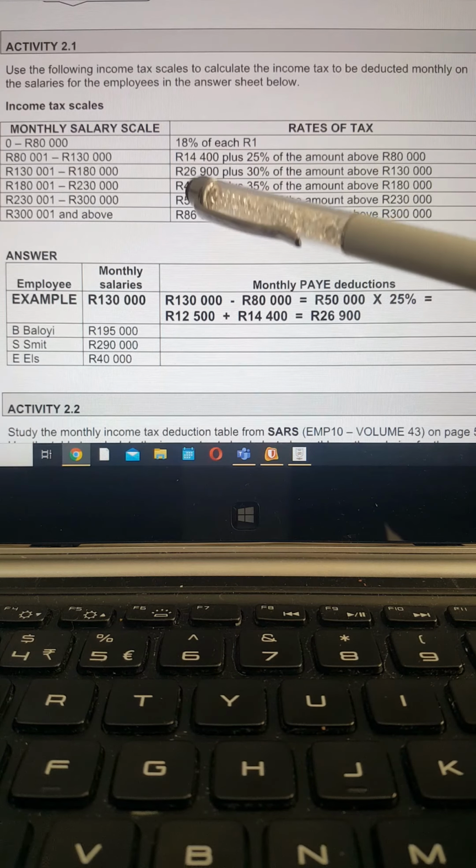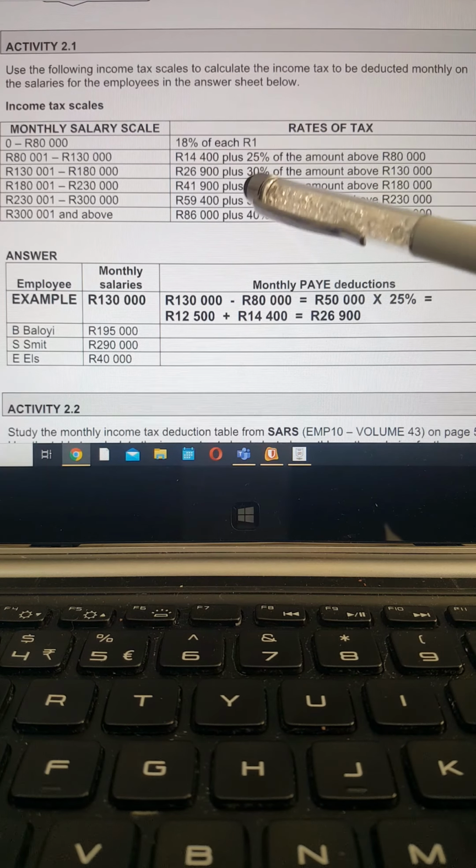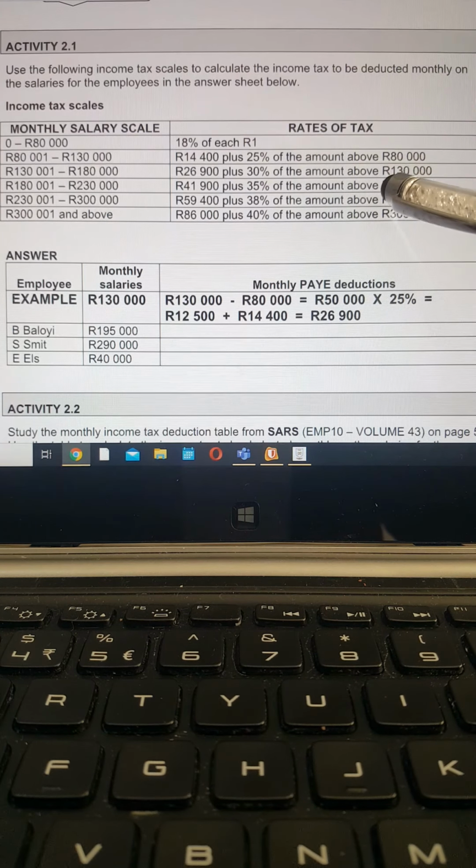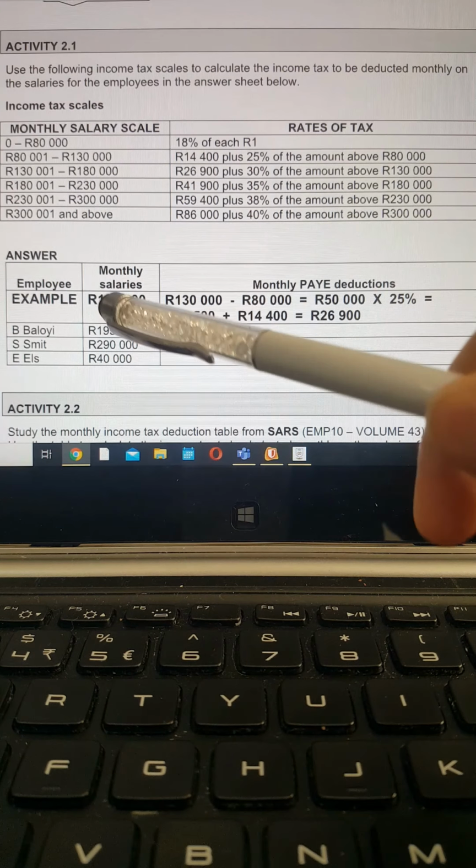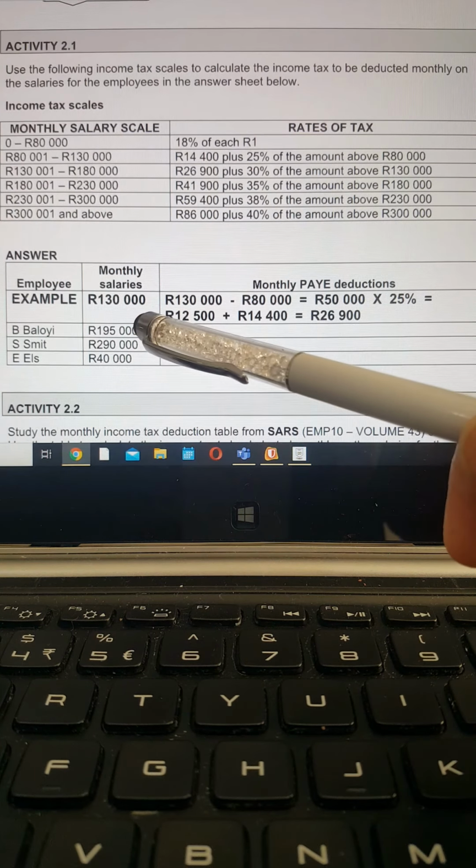41,900 rand worth of tax. So you have to pay that amount plus 35% of the amount above 180,000 rand. So I'm going to take 195,000 rand, minus my 180,000 rand from there, and see what my amount is, and 35% of that answer is what I need to pay, plus this 41,900 rand.